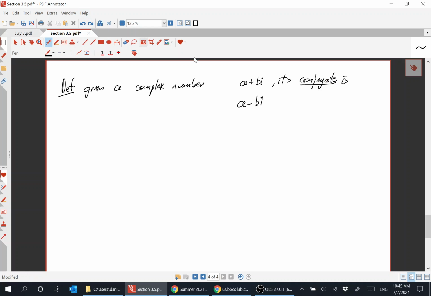And of course, that number is different than a plus bi, because as long as that b isn't 0, it's actually a different number.